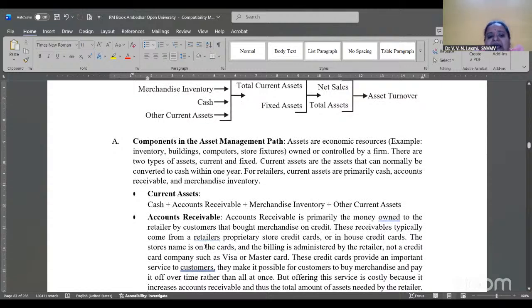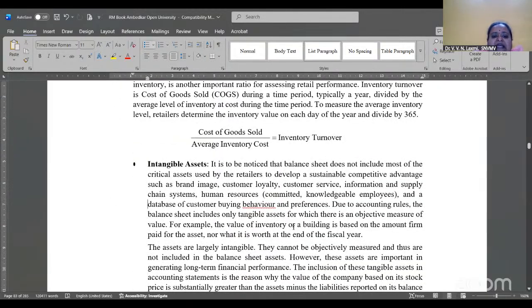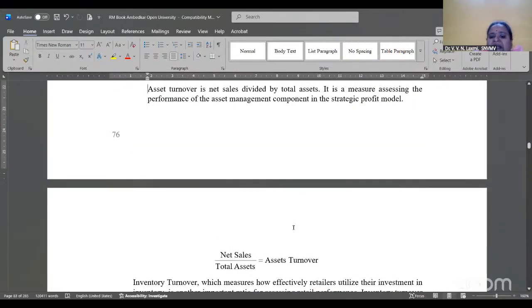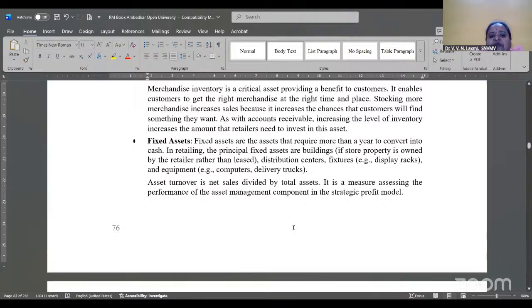As we are able to see, current assets are cash plus accounts receivable plus merchandise inventory, and added other current assets. Now, I explained already what these are when we are considering a retailer in particular. Now, let us see what asset turnover is. So we have net sales divided by total assets, which we get as the asset turnover.